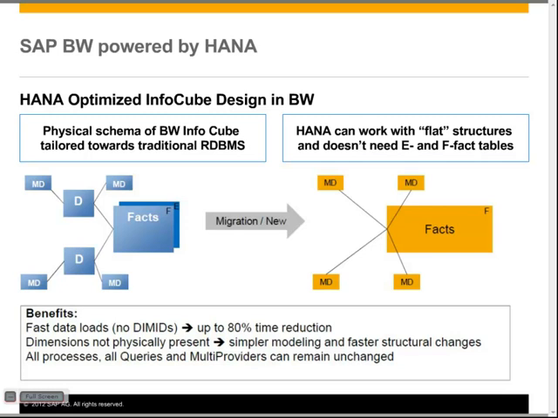It can provide simple modeling and foster structural changes, because InfoCubes in HANA don't need dimensions to be physically present. Master data can connect directly with facts. Additionally, processes and all the queries on MultiProviders can remain unchanged. So this is one way of using HANA for optimized InfoCube design in BW.